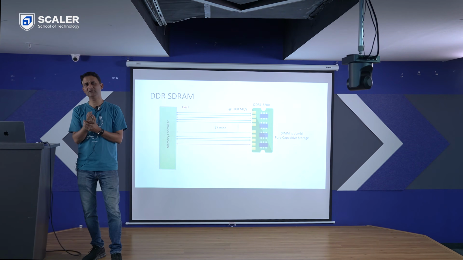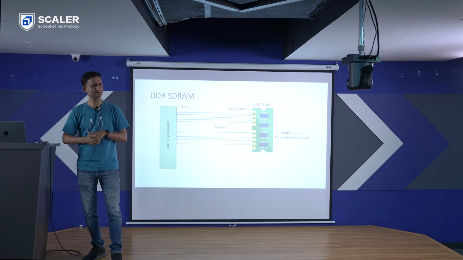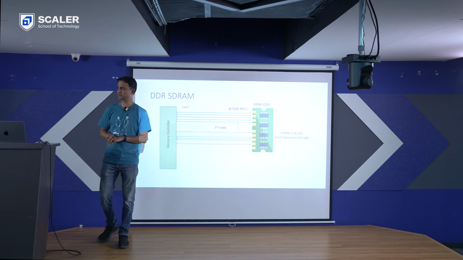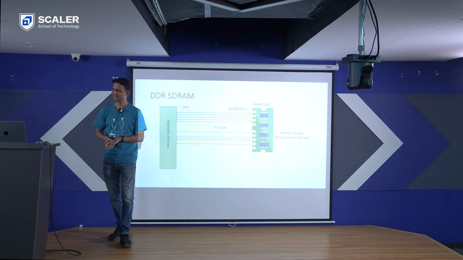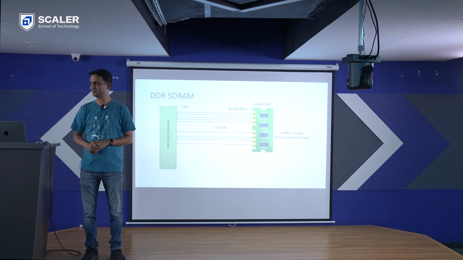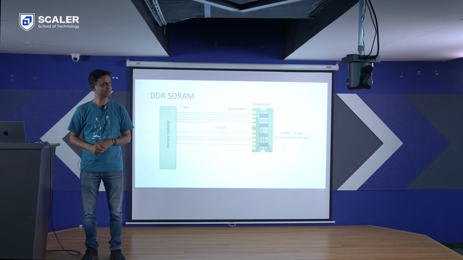Good way of thinking. Anybody want to add on to that? 77 does feel odd. Multiple of 8. Multiple of 8, multiple of 2. Yeah, he's correct. It should actually be a multiple of 8. Right?